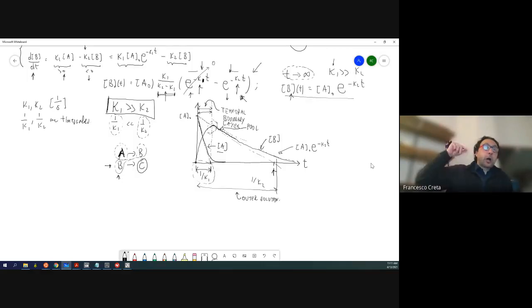Go back to your knowledge of numerical analysis. You may remember that if you want to integrate numerically a set of ordinary differential equations, you have many options. The simplest one being the Euler scheme. So it's an explicit scheme, a first order explicit scheme.